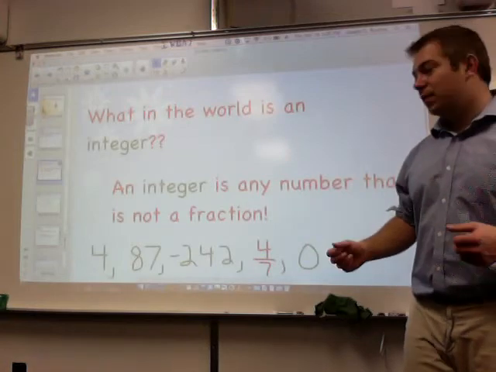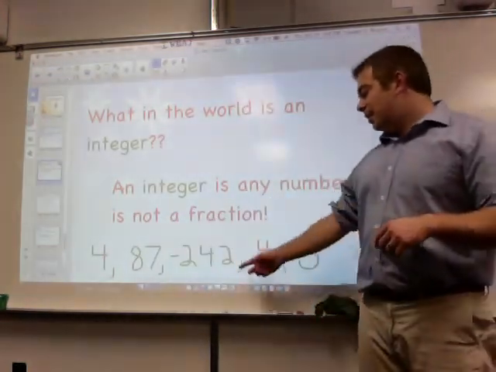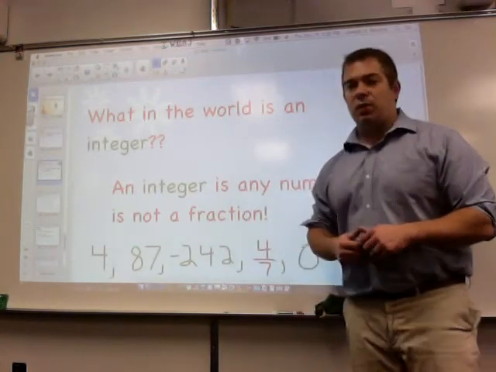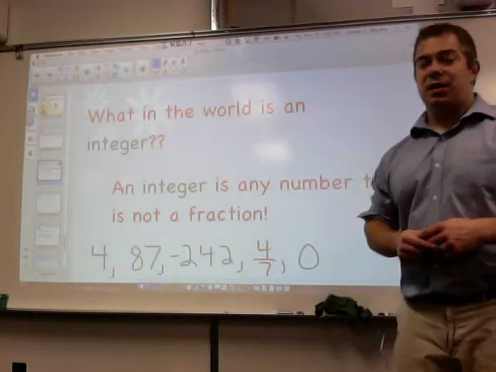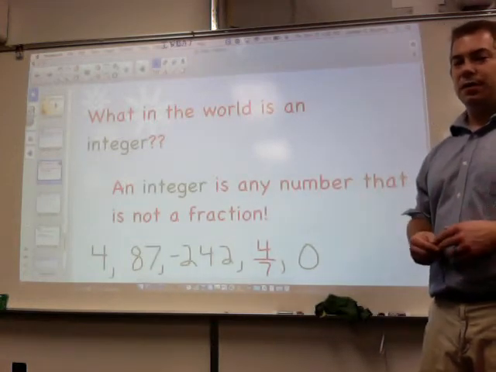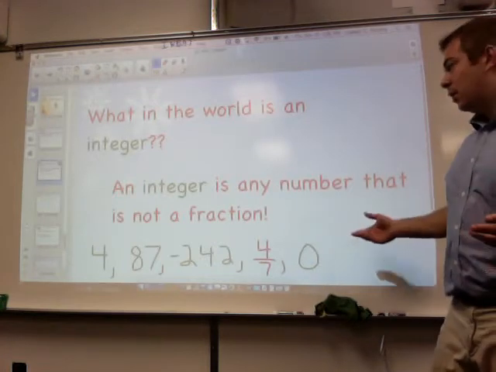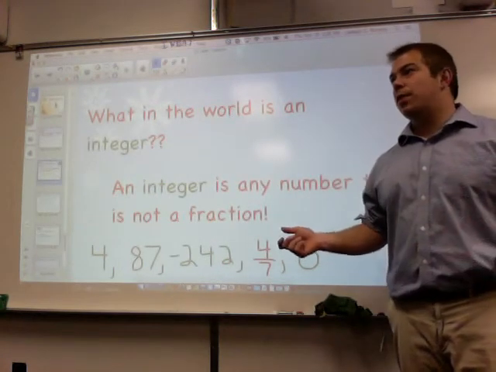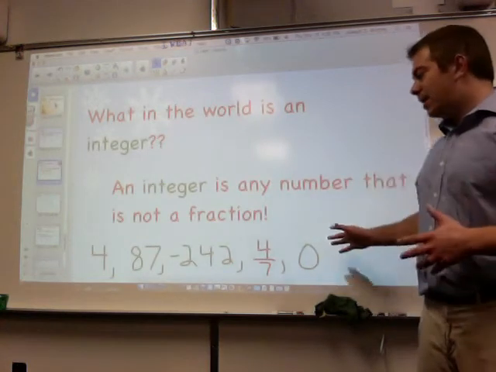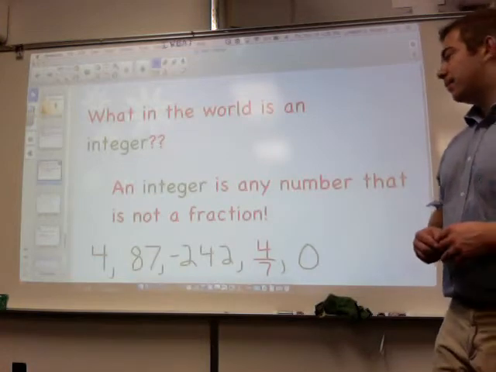They're never ending. 4 is an integer. 87 is an integer. Even negative numbers like negative 242 is an integer. 4/7, well, that's not an integer because it's not a whole number. That is a fraction. 0 is an integer. Negative 5 billion is an integer. 474,000 is an integer. So any number that's not a fraction or a decimal is an integer, okay?